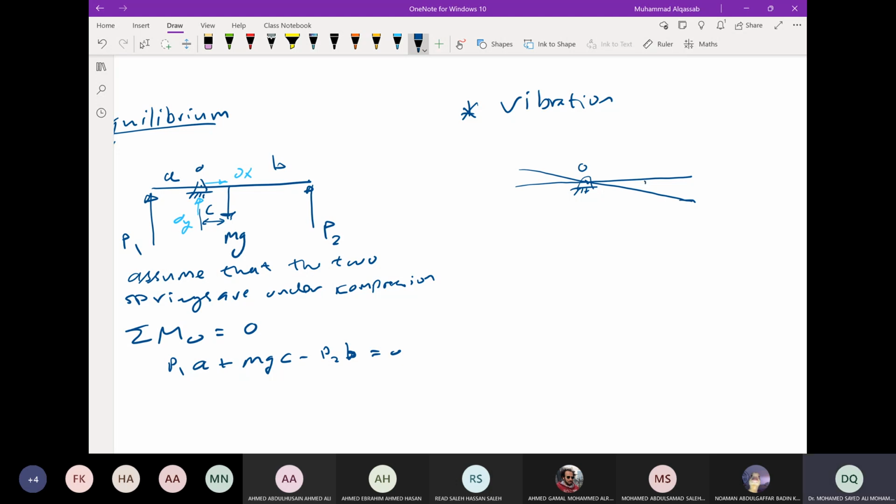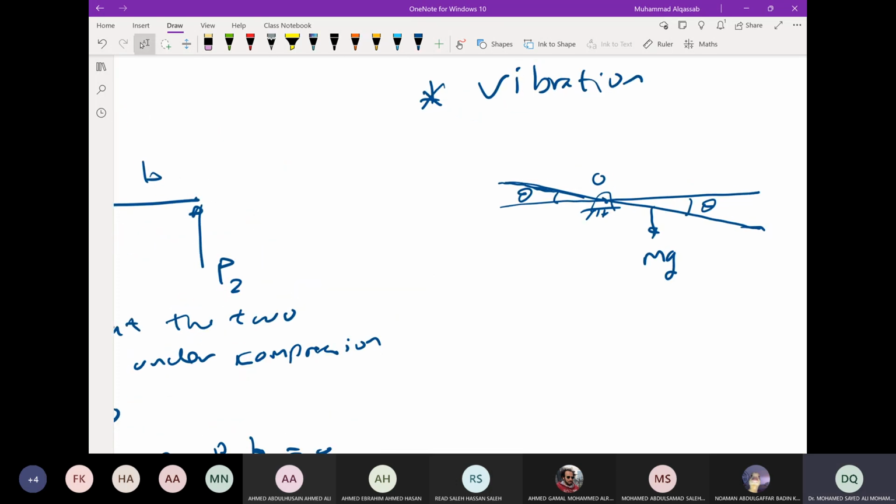This angle is theta, and also on the other side it is theta because this is rigid. Okay, the springs, this is the assumption we did, that they are under compression. We will put the weight mg at a distance c from O, and this is the amount of going upward.